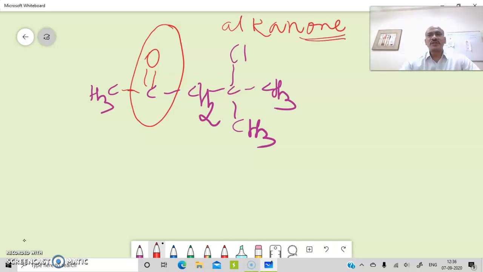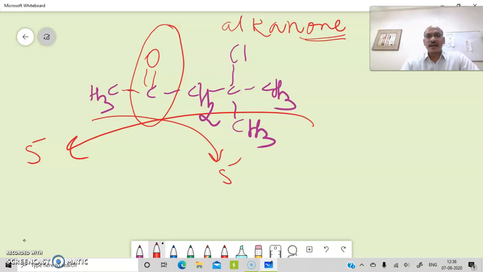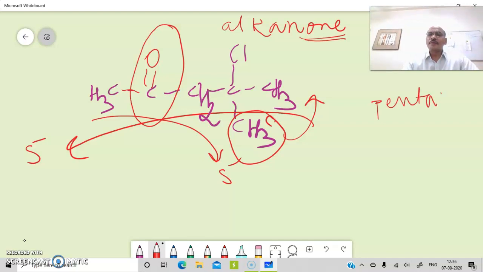For that you have to select the parent alkane by counting the carbon atoms of the longest continuous carbon chain. So here like this it is of 5 carbon atoms, like this also it is of 5 carbon atoms. But we will not jump from this methyl to that methyl to count it as part of the longest chain. So here the parent alkane will be pentane.